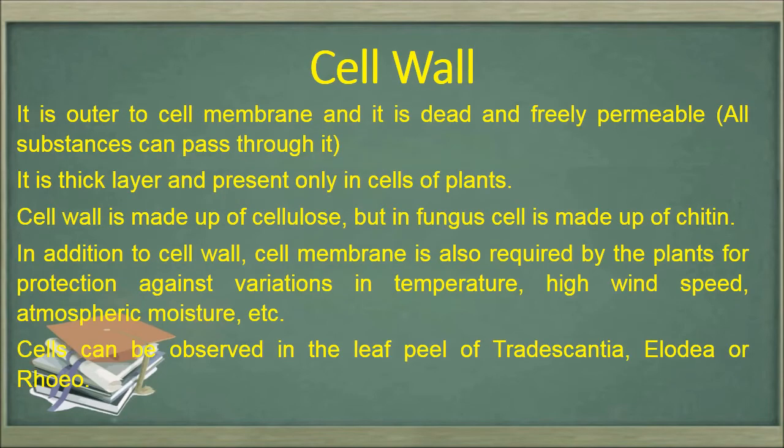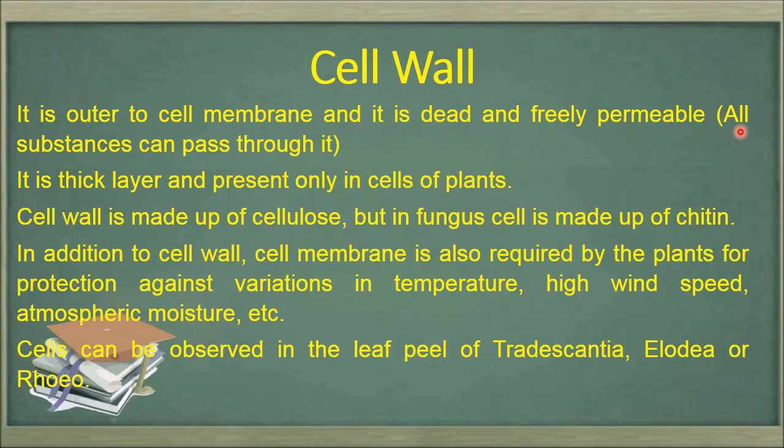Cell wall. The cell wall is actually the outermost layer, and it is a dead and freely permeable membrane. What do we mean by this?